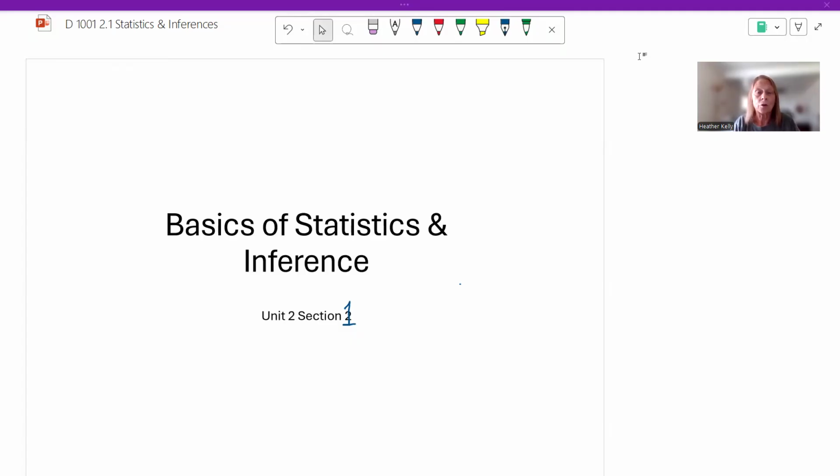Okay, so let's get started with Unit 2. In Unit 2, we're going to talk about statistics and inference, which is making decisions based on data and tangible trends that you can actually see. So today we're really going to just go over a lot of definitions, a lot of language.